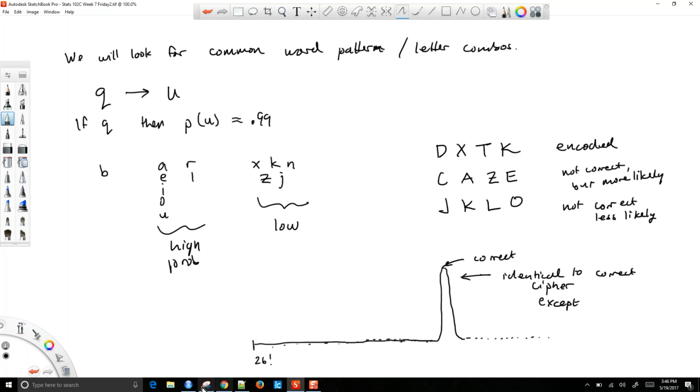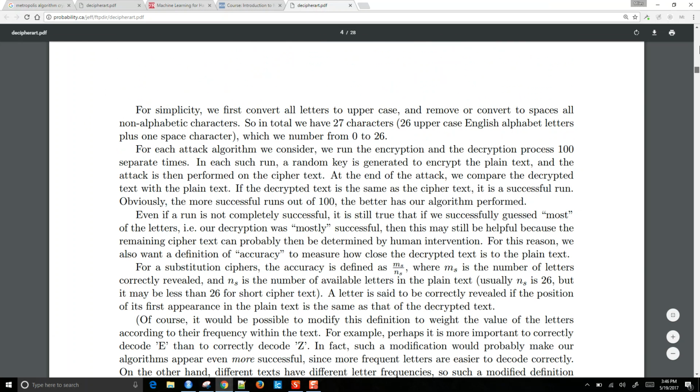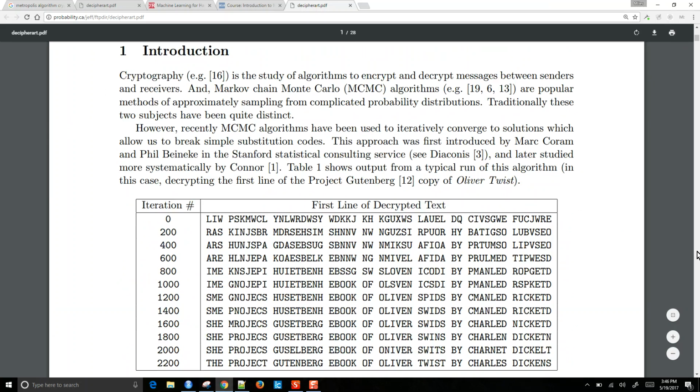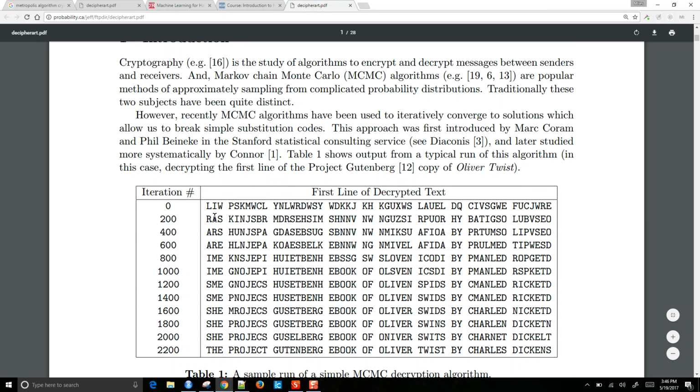Okay, and that's why, when you look at the example here, it moves from things that are completely gibberish to things that look a little bit more readable, right? This is not anywhere near real English, but it kind of feels like it could actually be some language, right?